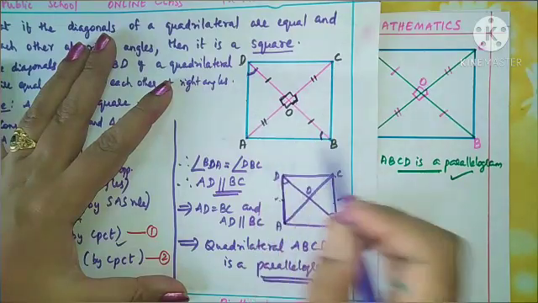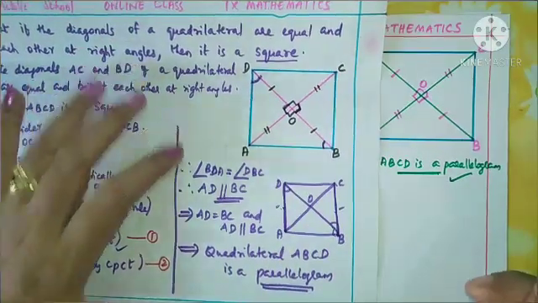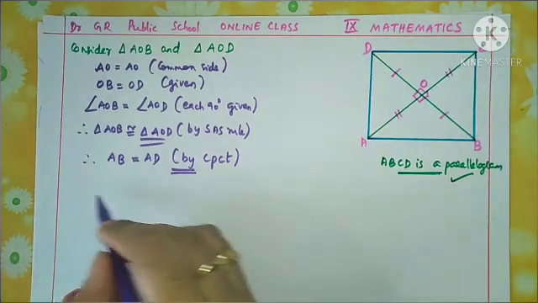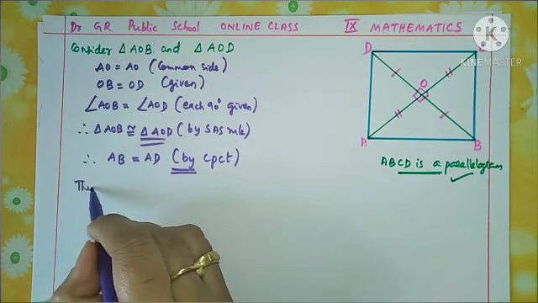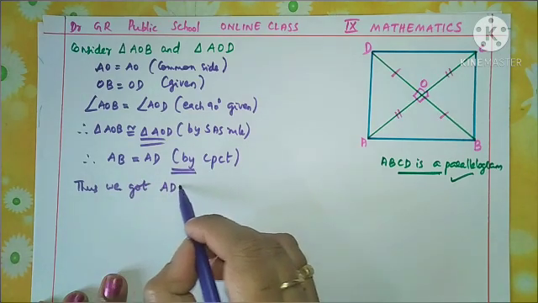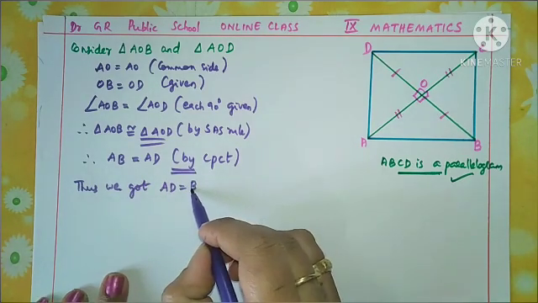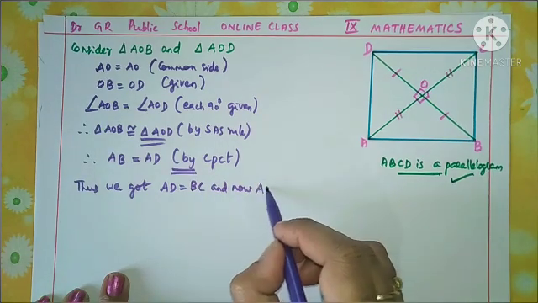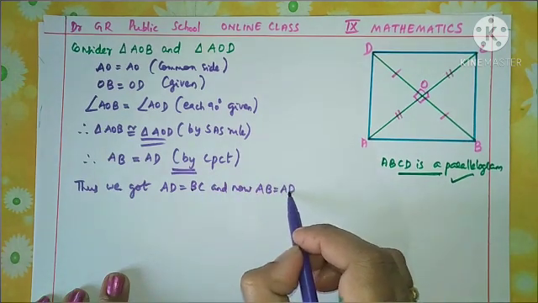So, these two we are combining now. So, what can we write? Thus, we got AD equal to BC. We already proved, and now AB equal to AD.